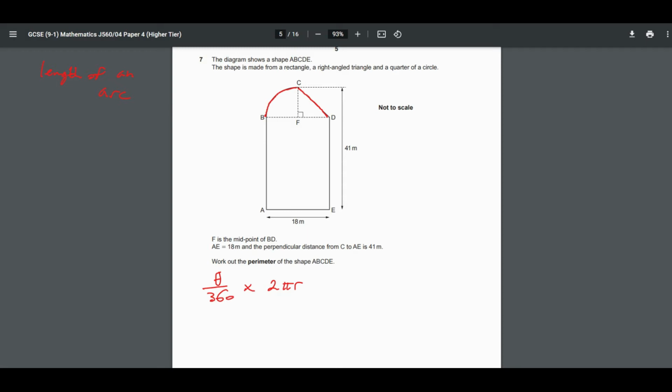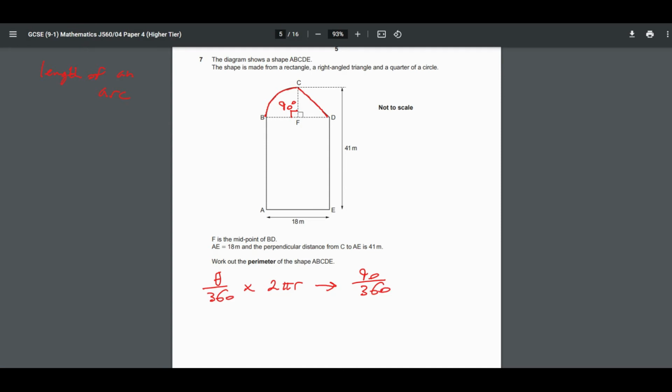Now theta, we should know, is the angle in this sector, which is 90 degrees here. So we will replace theta with 90 over 360. And now we need to find our radius.